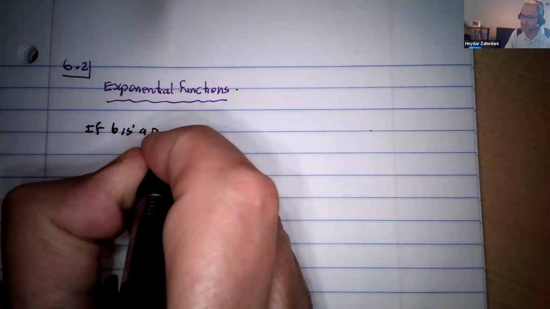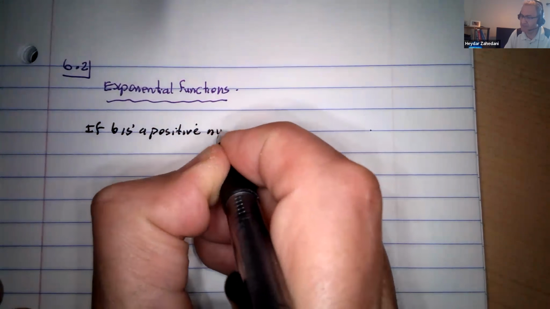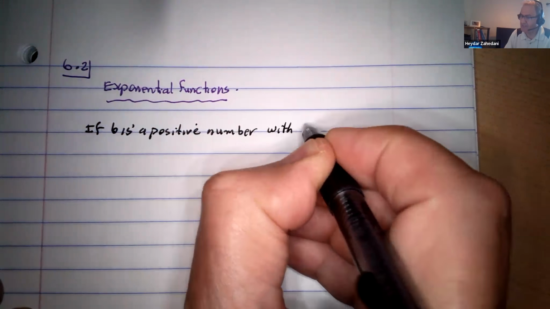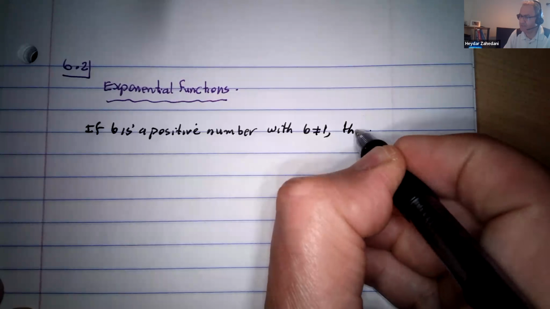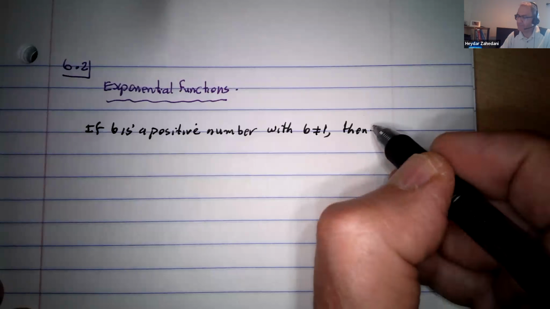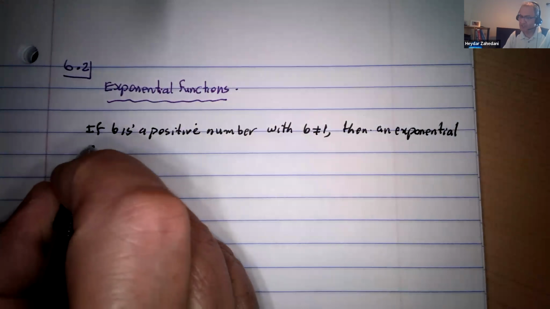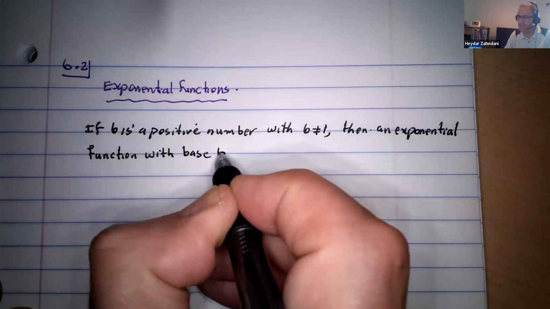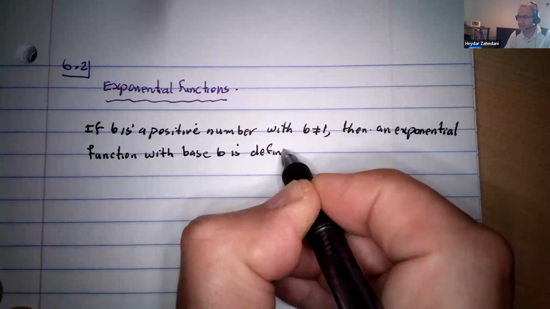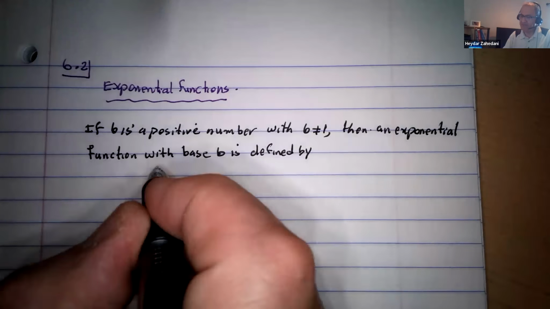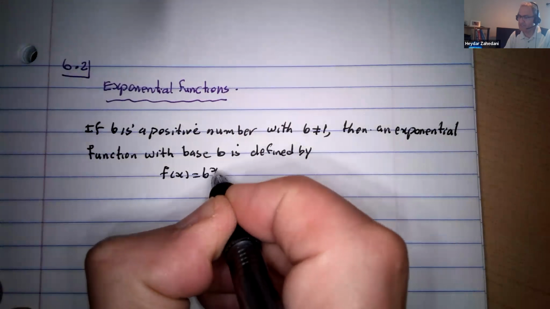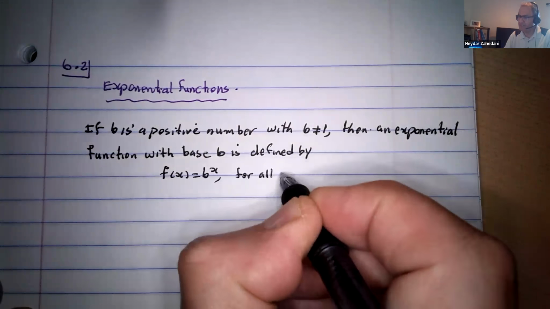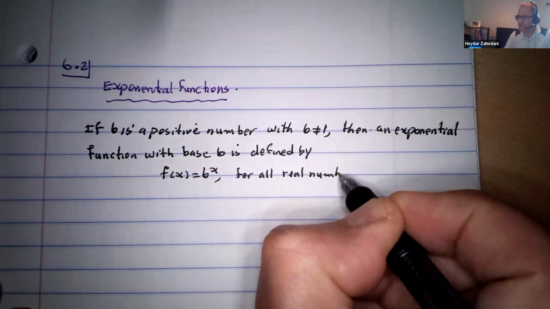So officially, if b is a positive number, with b not equal to 1, then an exponential function with base b is going to be defined by f of x equal to b to the x, where x can be any real number, for all real numbers x.